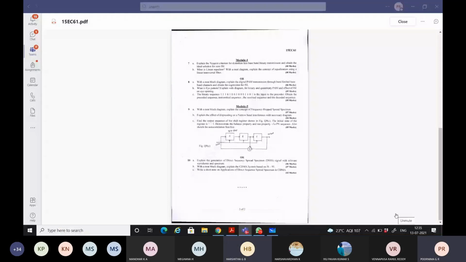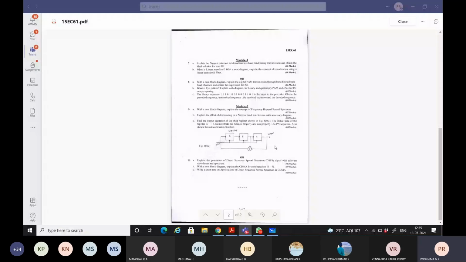Okay, sorry. With a neat block diagram, explain the concept of frequency hop spread spectrum is the first question in module 5, and this frequency hop spread spectrum is yet to be finished. The despreading of a narrowband interference with necessary diagram is also yet to be finished. In question 9C, find the output sequence of a shift register PN sequence generator that is given.